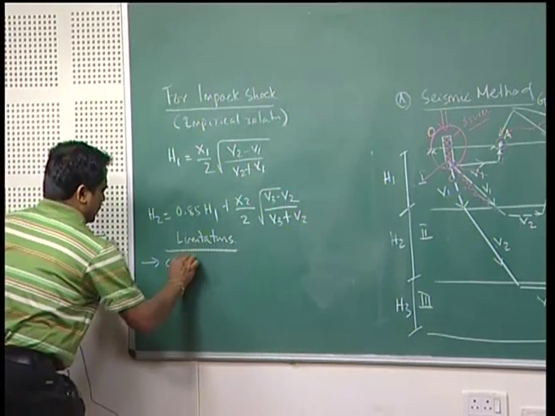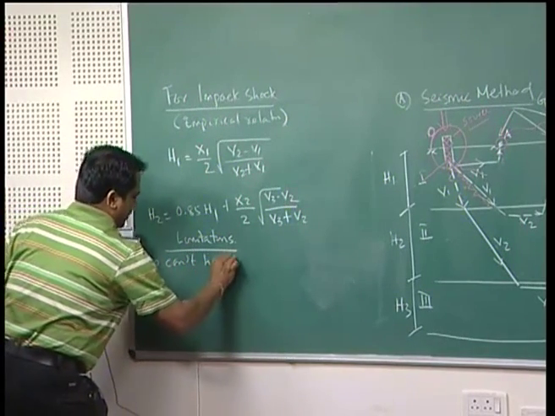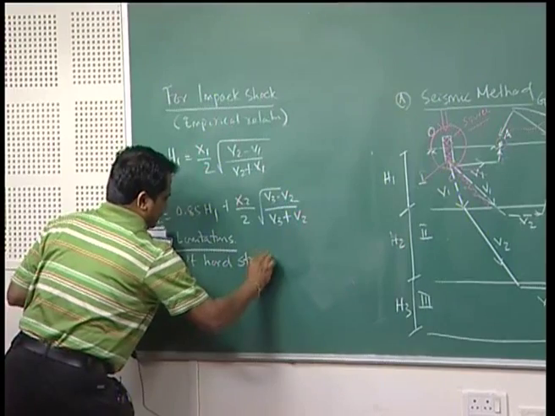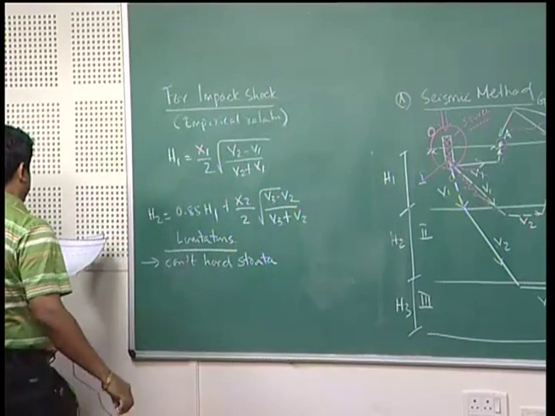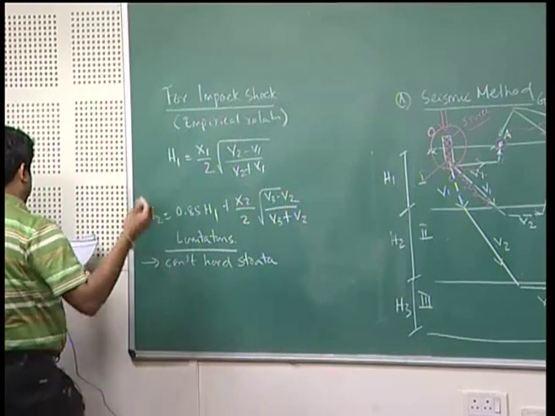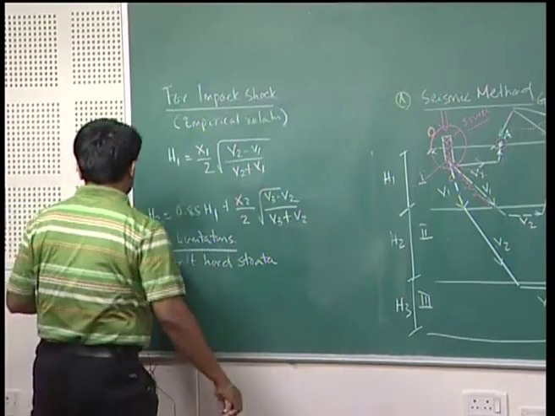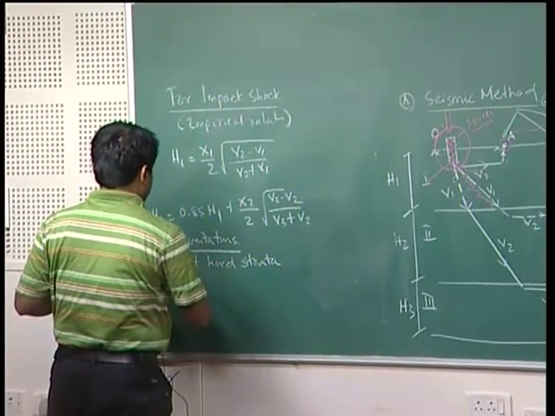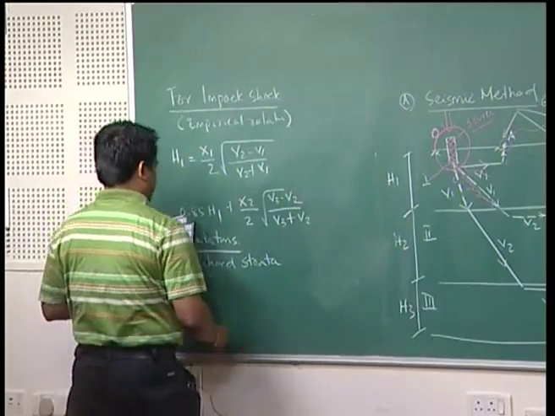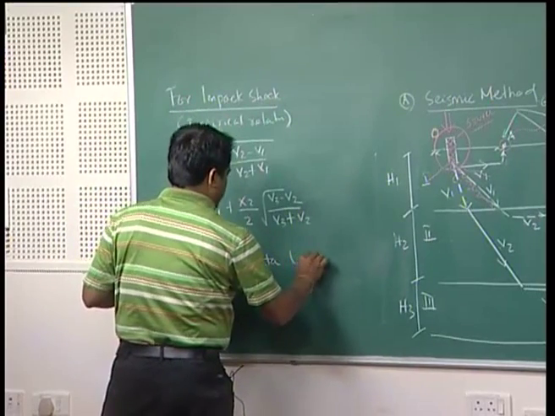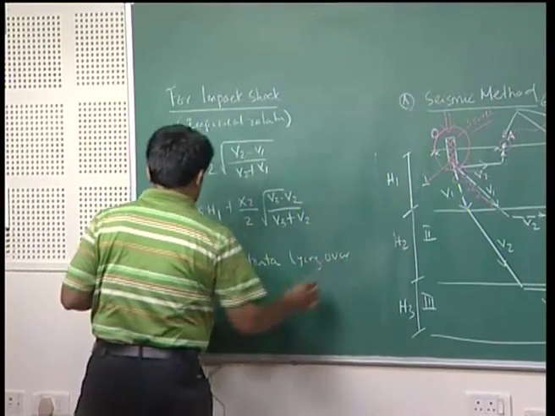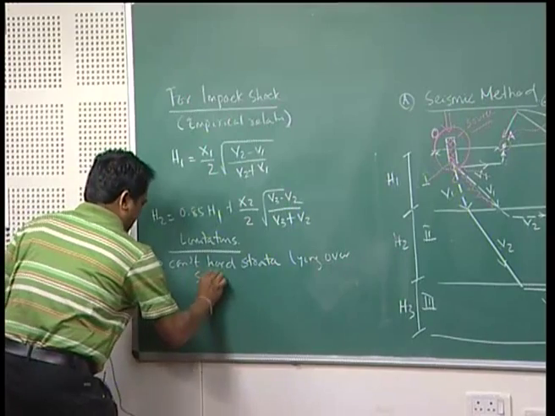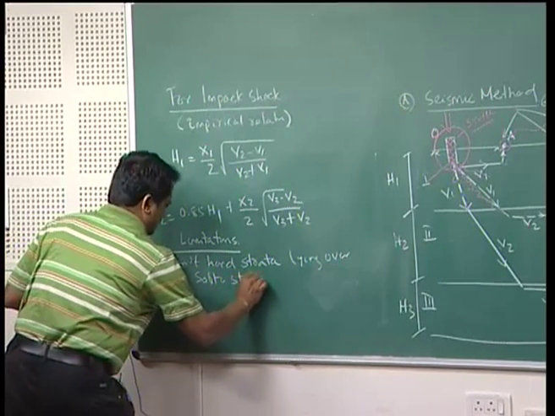Cannot use where hard strata with a greater seismic velocity overlie softer strata. Cannot use harder strata lying over softer strata.